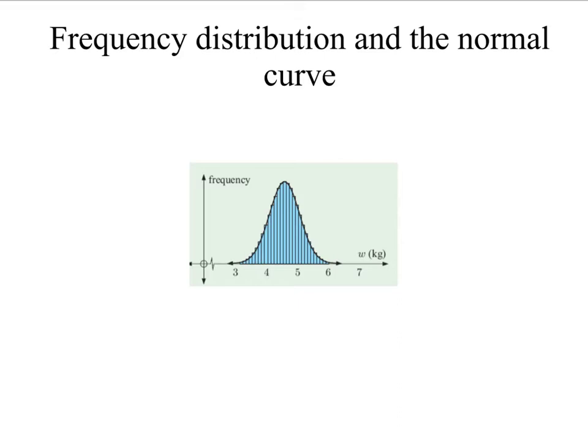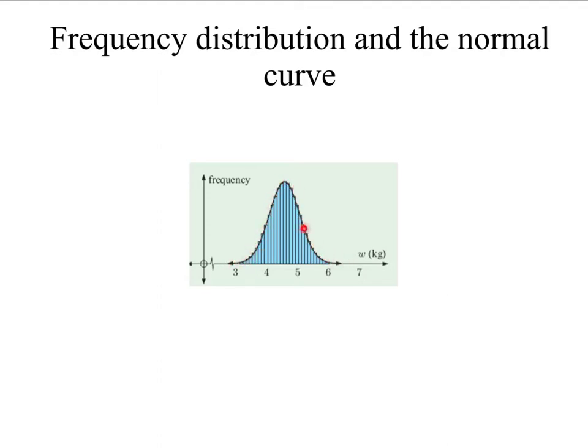You may notice on this slide we've got all these bars, and the bars are working their way up and they represent different intervals of data, and they go up to this high point and then they start descending from there. Over it, a smooth curve has been drawn. This curve represents the normal curve.